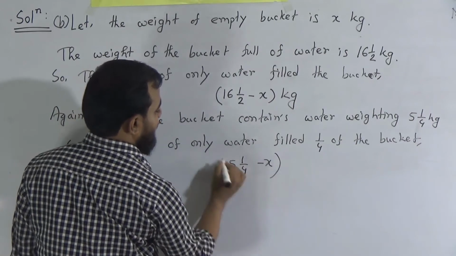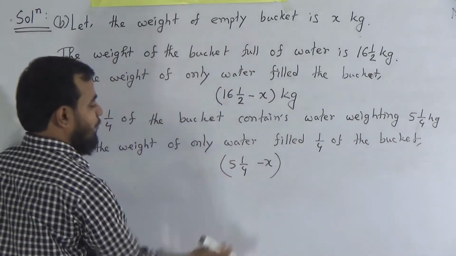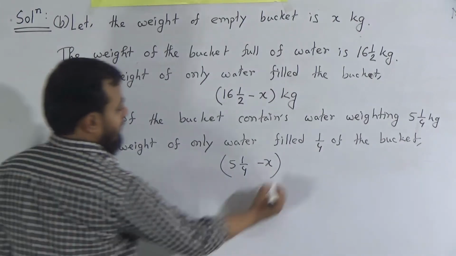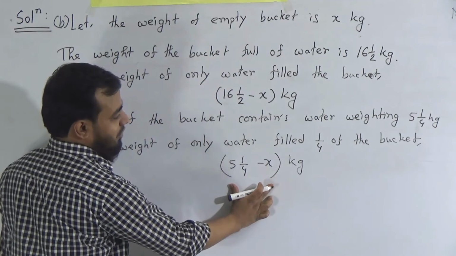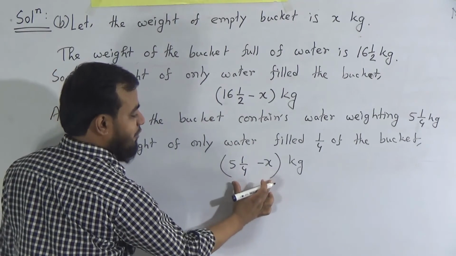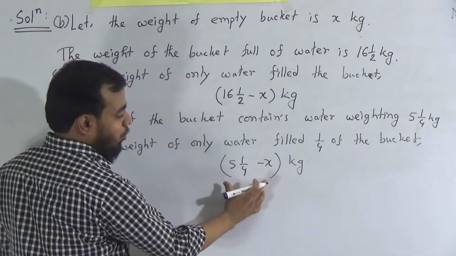Then we will get the total weight of the water in that 1/4 of the bucket, in kg. So we have to multiply this by 4. Then we will get the whole water's weight.